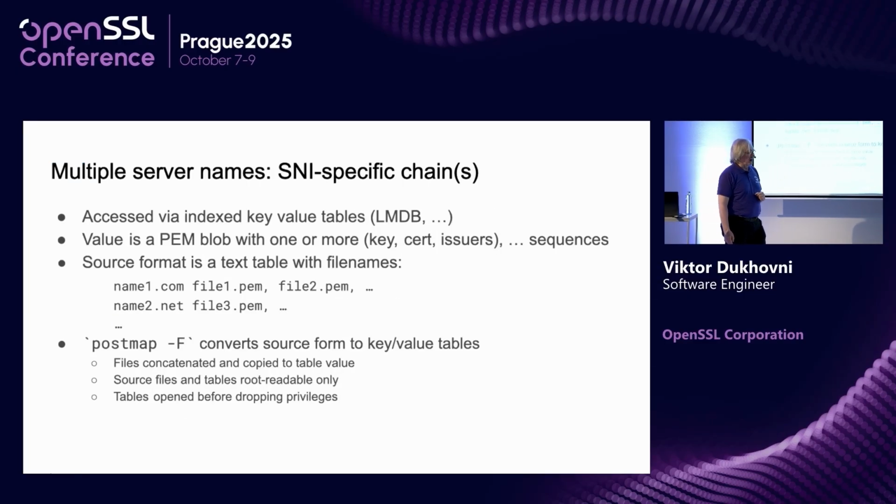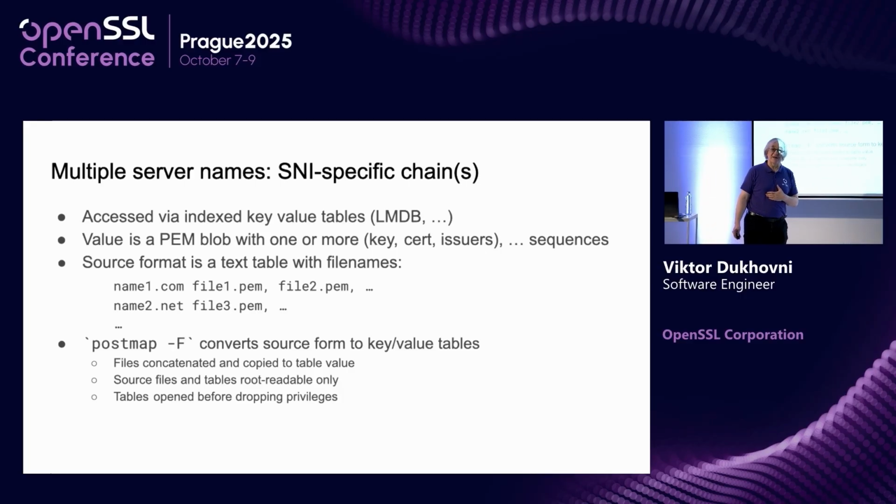Okay. So as I mentioned, SNI-specific chains leverage this capability of having the key and cert and another key and another cert all as a blob that Postfix parses. The databases are used to store this stuff. And of course, you'll find the callbacks for handling SNI in Postfix. One of these days, somebody will rewrite the way that Postfix does SNI.